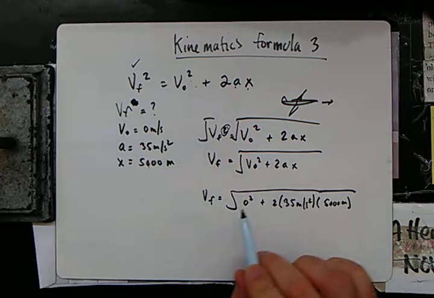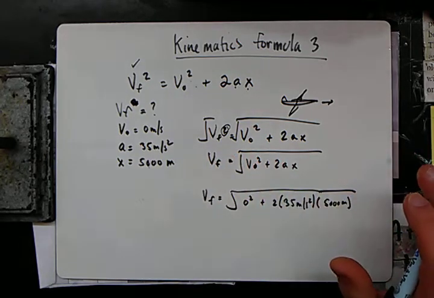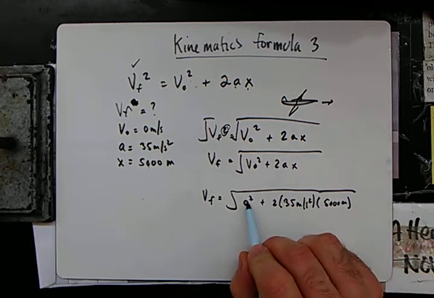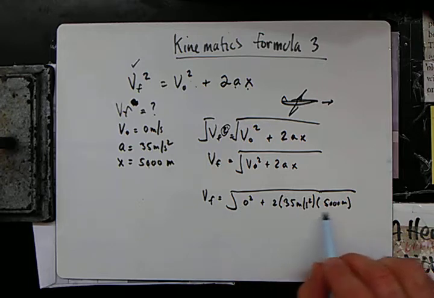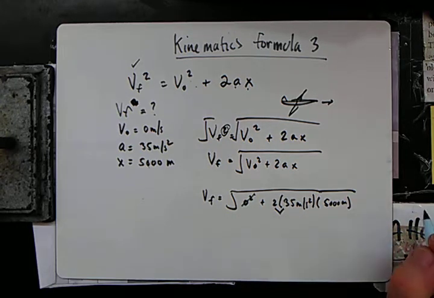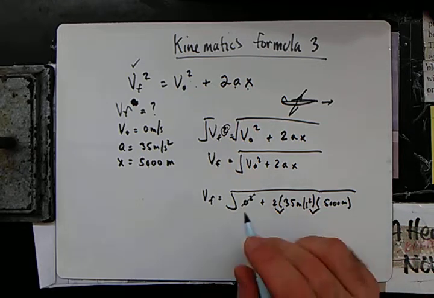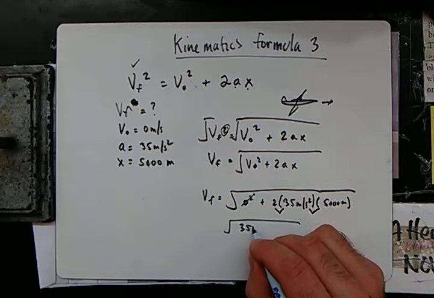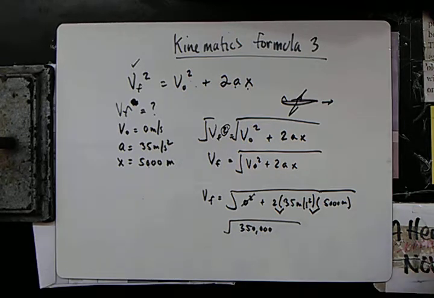So it's just a little tip. If you're not really too comfortable with the calculator, that's okay. You're going to get comfortable with it. But what you want to do is just solve for this stuff first. So 0 squared is 0. You're going to take 2 times 35, and then multiply it by 5,000, and under the radical, what I ended up getting was a big number, like 350,000.